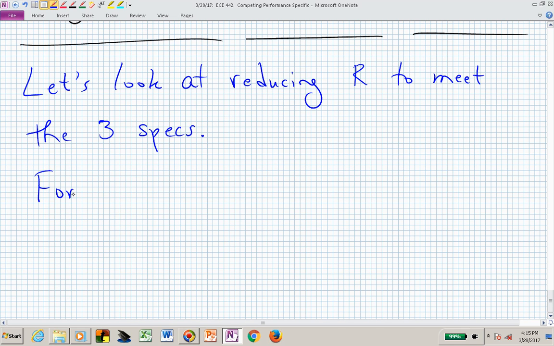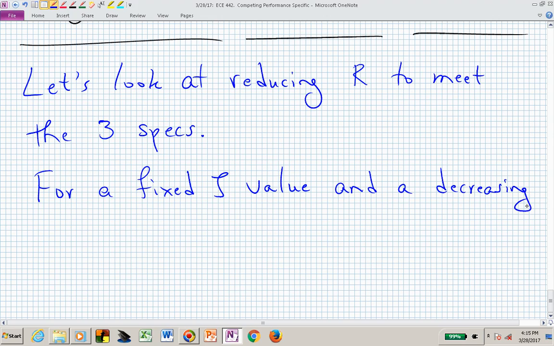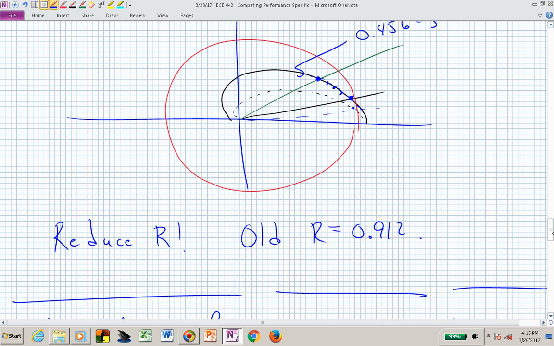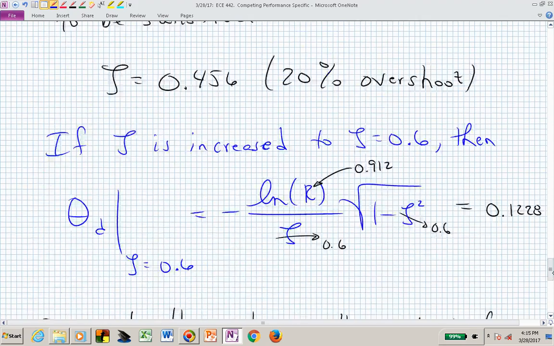So now we need to, for a fixed zeta value, or for a fixed percent overshoot, which in our case was 20%, and a decreasing radius, you can see that if we stay on our logarithmic spiral and just walk around, then in fact we are going to be increasing the angle associated with that point as we move towards the origin, or we shrink r and stay with zeta fixed.